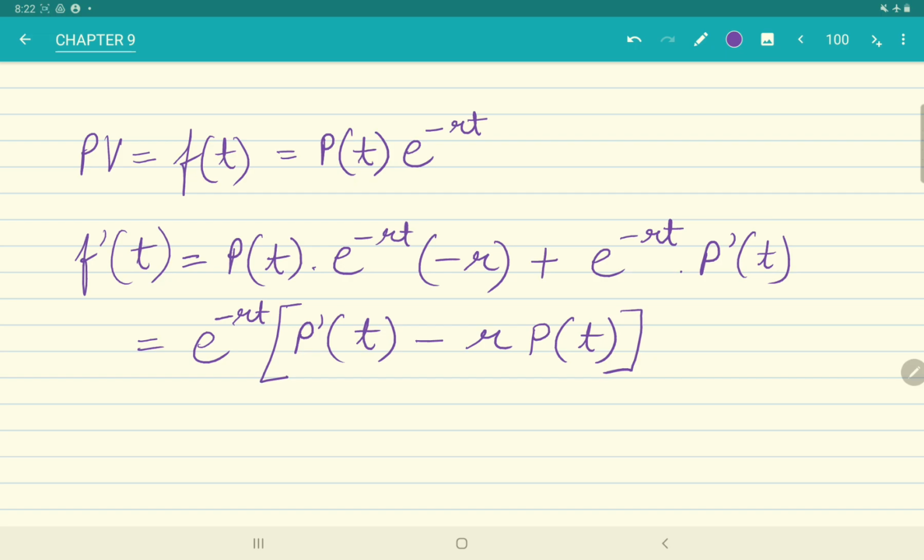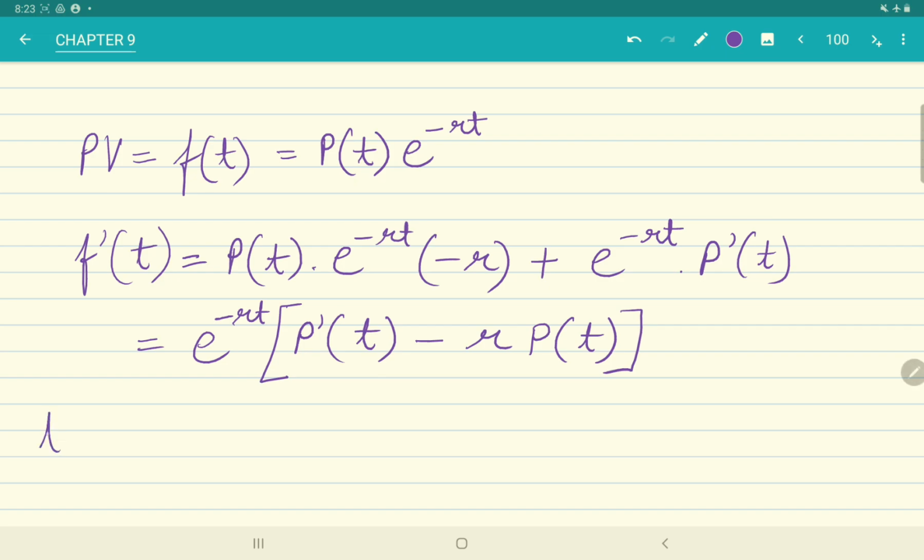And we want to know the time when this tree should be cut down in order to maximize the present discounted value. So a necessary condition to maximize f of t is that f prime t star should be equal to 0, because that t star corresponds to the maximum present discounted value.